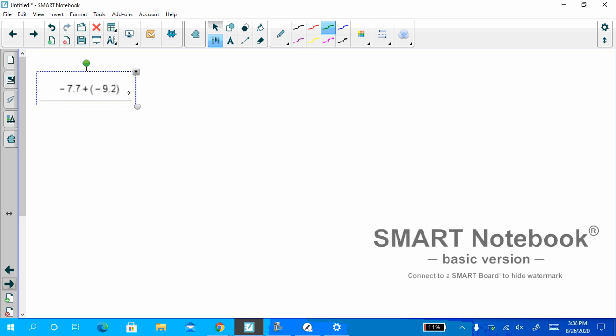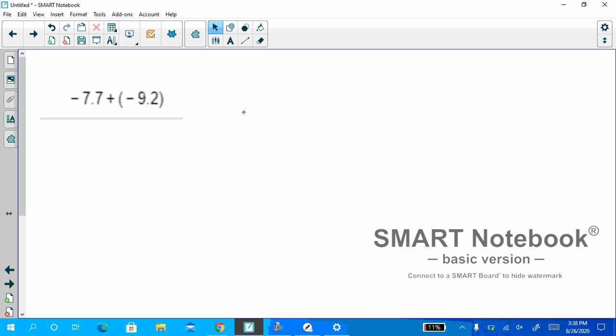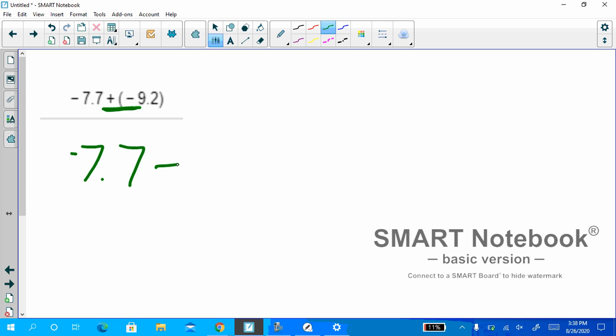And this works whether we have integers or fractions or decimals or whatever. Here we have negative 7.7, a double sign, so plus a minus makes a minus. Notice both signs are negative. The sign in front of the 7.7, the sign in front of the 9.2 are both negative. Same signs we add.